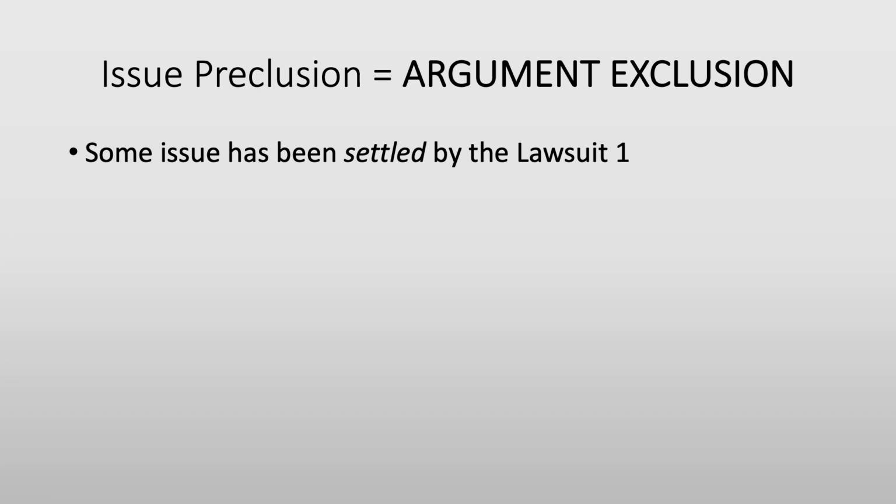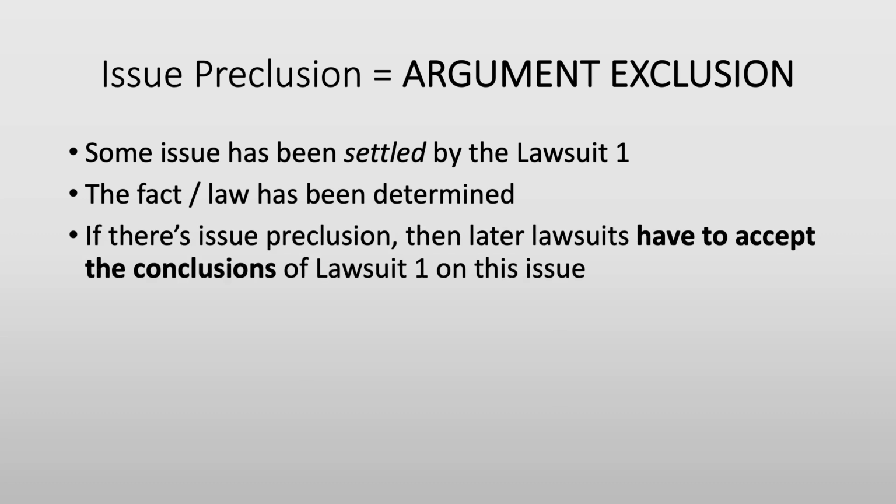But let's assume that the court in a lawsuit has determined some issue of law or fact. If that's the case and there's issue preclusion, then later lawsuits have to accept the conclusions of lawsuit number one on this issue, not on the whole judgment, not on the entire claim.